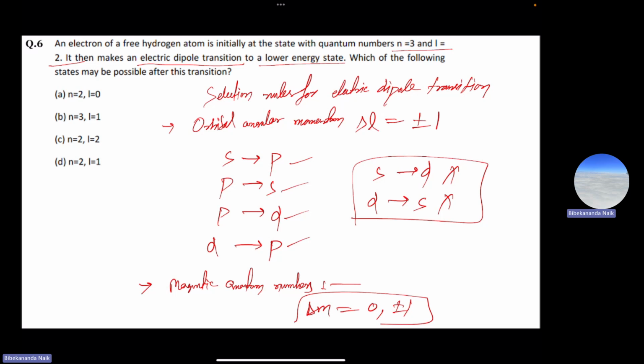However, for your understanding, let's discuss some other properties also. So also there is a change in parity. Again, we can say parity is related to the value of L. So parity also changes, since L is changing by plus 1 or minus 1, so there will be a change in parity, that is odd parity to even parity or even to odd parity.